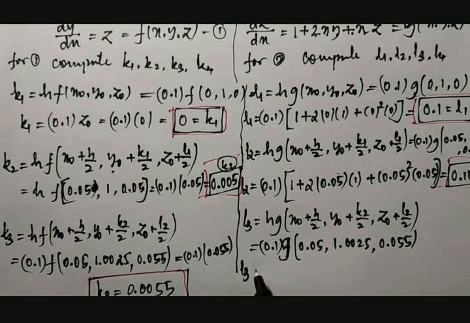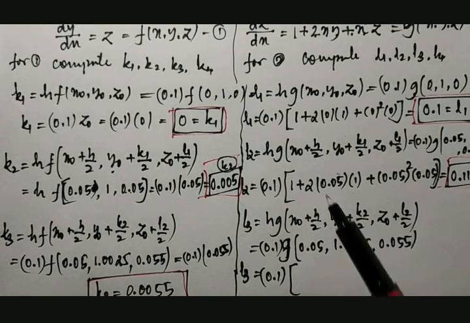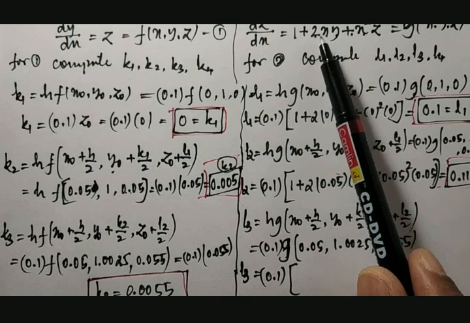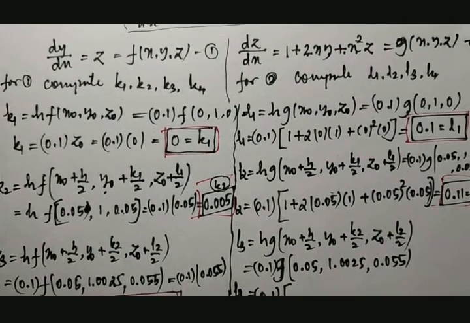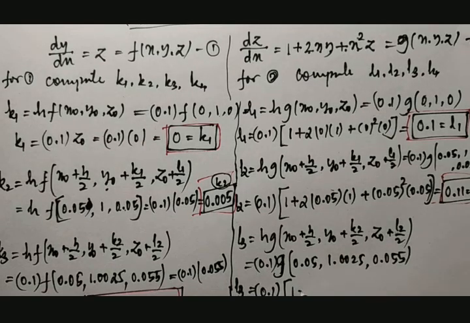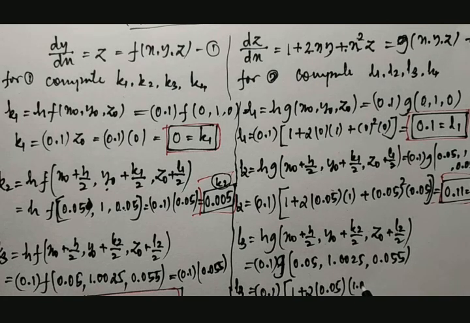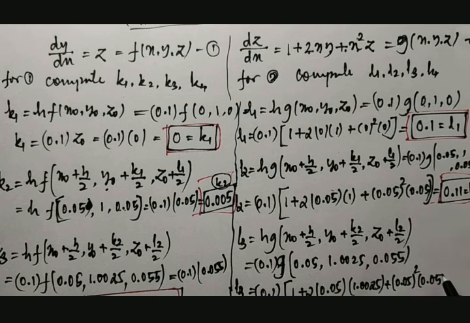The g function is 1 plus 2xy plus x square z. Therefore it is 1 plus 2 into x, where x is 0.05, into y, that is 1.0025, plus x square, that is 0.05 squared, into z, that is 0.055.